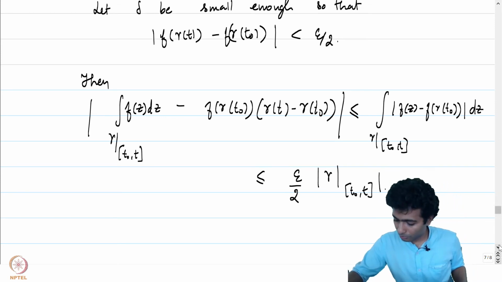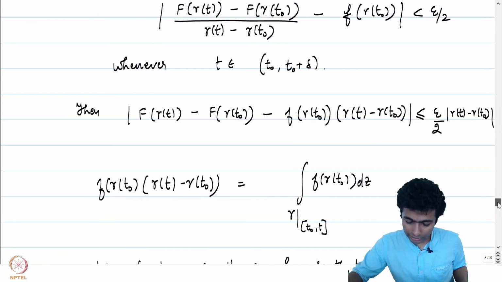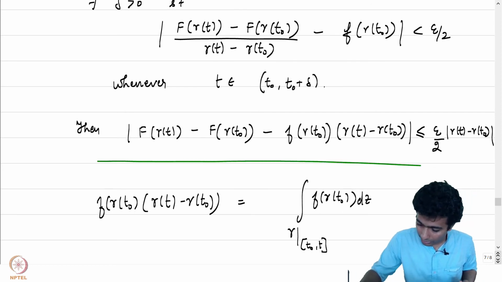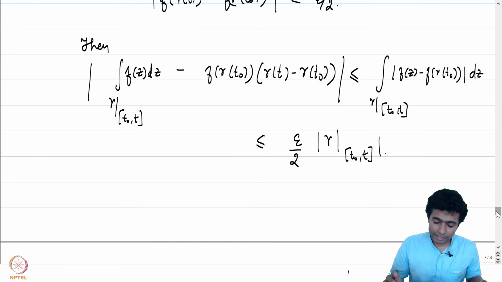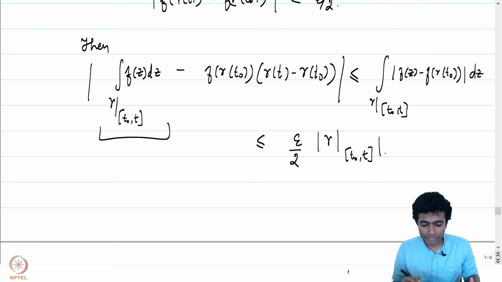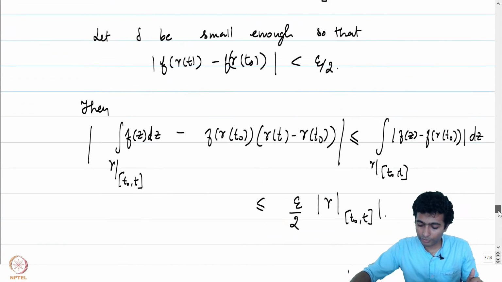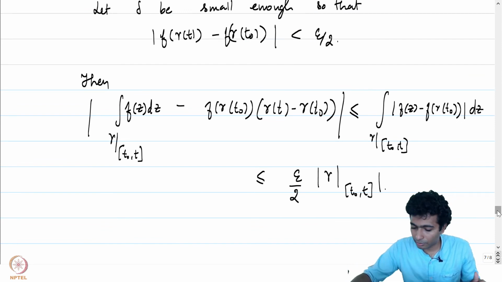Okay, so let's get back to what we were proving. By using the triangle inequality here, we now have an estimate on the integral of f dz restricted to gamma T naught comma T. We also know how close it is to f of gamma of T naught times gamma of T minus gamma of T naught.